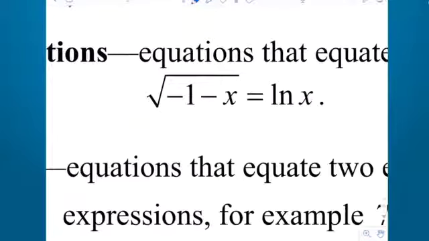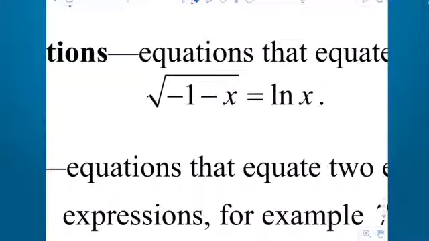So what are some contradictions? Well, the square root of negative 1 minus x equals ln of x. It looks like an equation because it has an equal sign and it has a variable on each side. But if you tried to solve this for x, you would find that the number of solutions that satisfy this equation is precisely 0. There are no values of x that make this true.